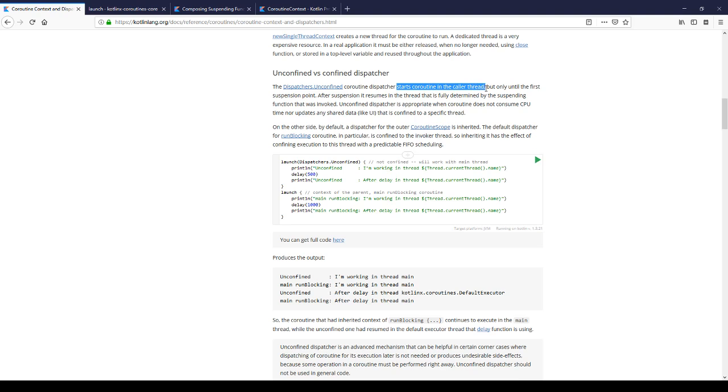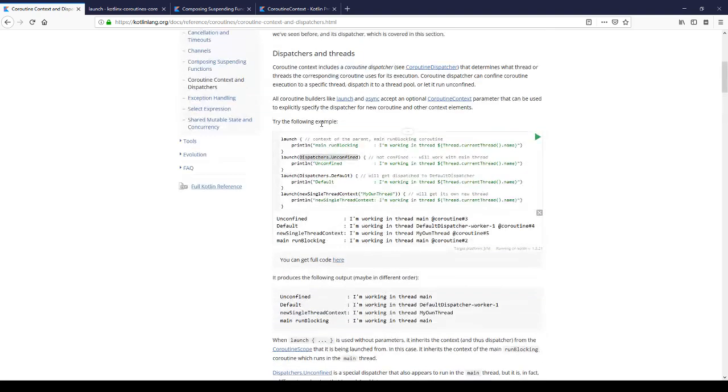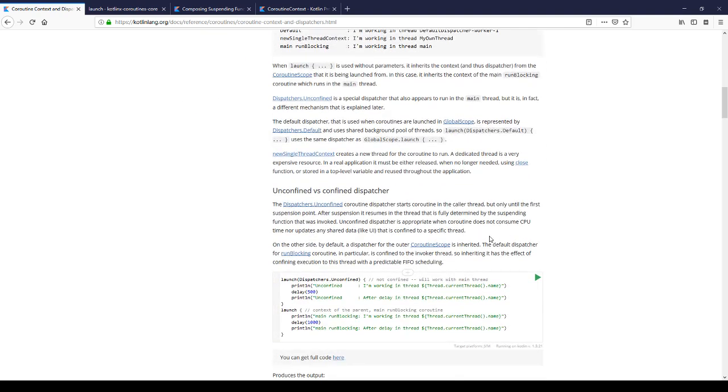Okay. So it starts in the caller thread. Because the main coroutine, I mean the runBlocking coroutine, is on the main thread, this Dispatchers.Unconfined is on the main thread as well, and that means after suspension, it resumes in a thread that is fully determined by the suspending function that was invoked.